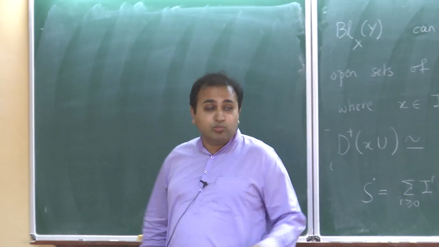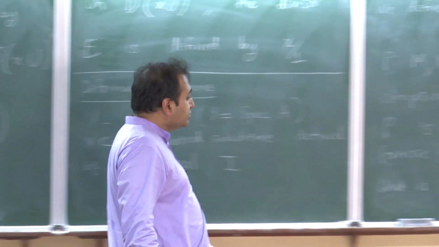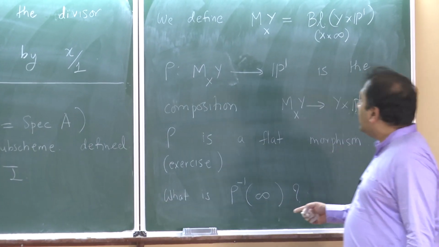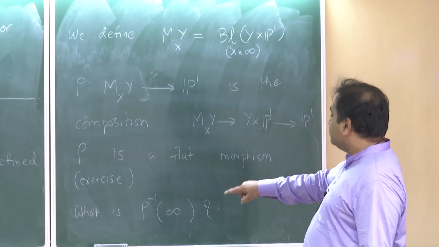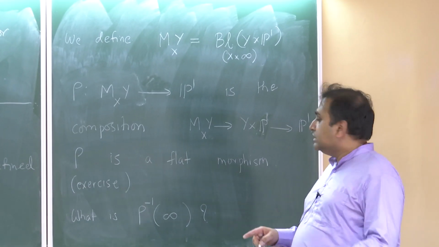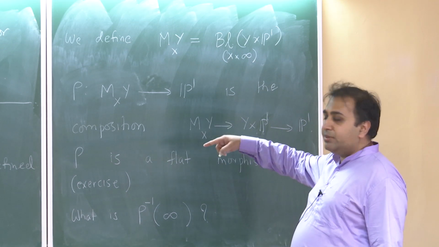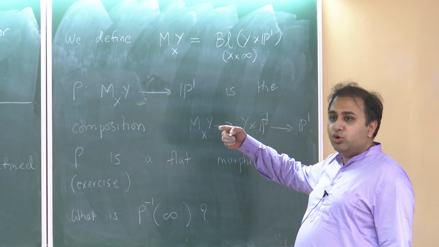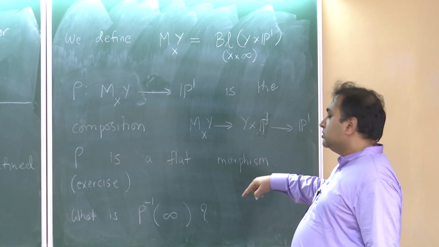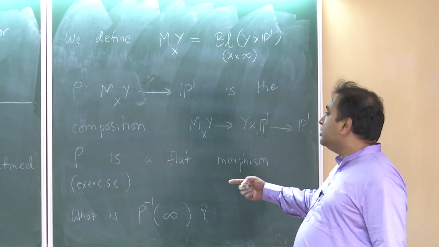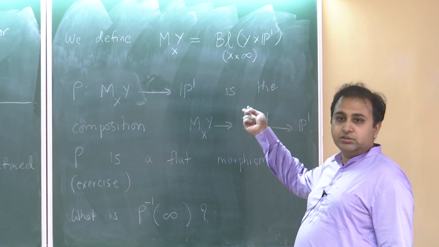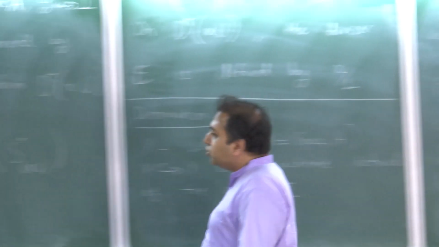This is almost the family that we want. Over 0, I have just Y and X sitting inside that. When I go to infinity, I want to see what happens. The fiber over infinity is almost what we want. It is going to be a union of the cone, but there is also a copy of Y sitting in there, which we have to discard. That's what we want to verify.